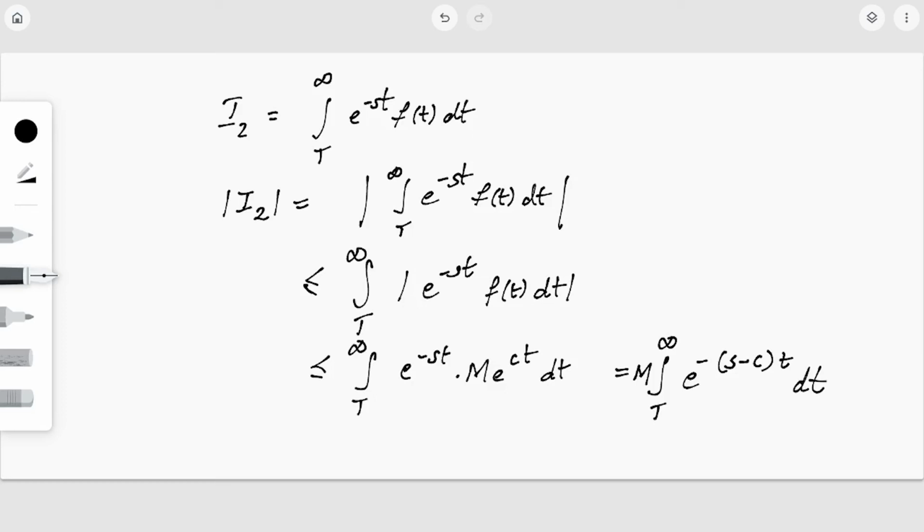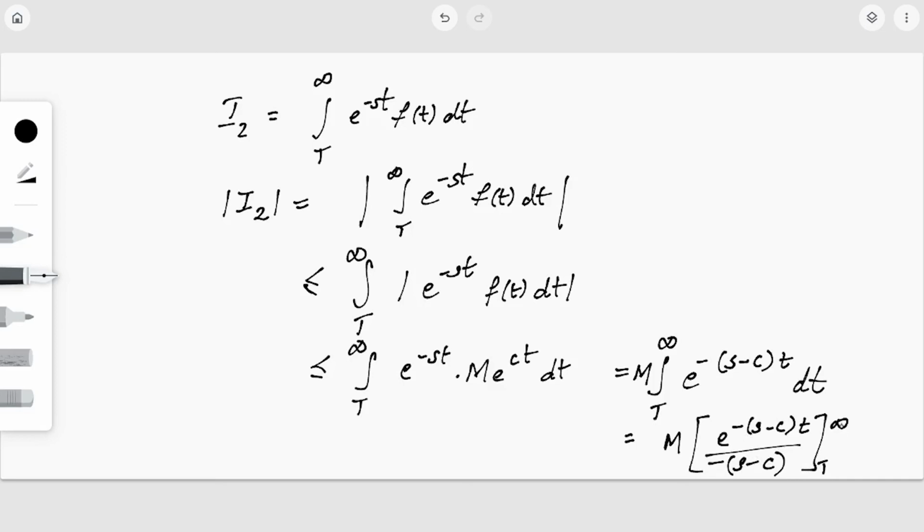What is the integral of e raised to minus (s minus c)t? The integral value will be M into e raised to minus (s minus c)t by minus (s minus c), varying from T to infinity, right?